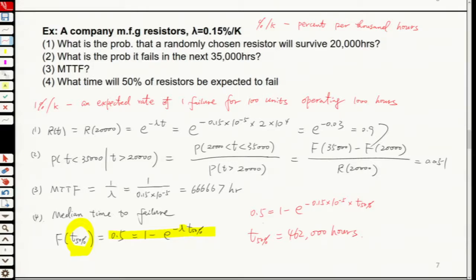So exponential minus lambda t50% equals 0.5. If we take the log on both sides, we're going to have t50% equals 0.693 over lambda.